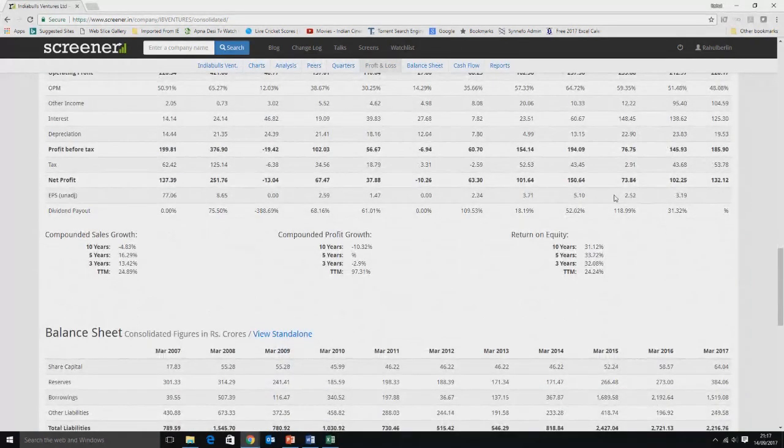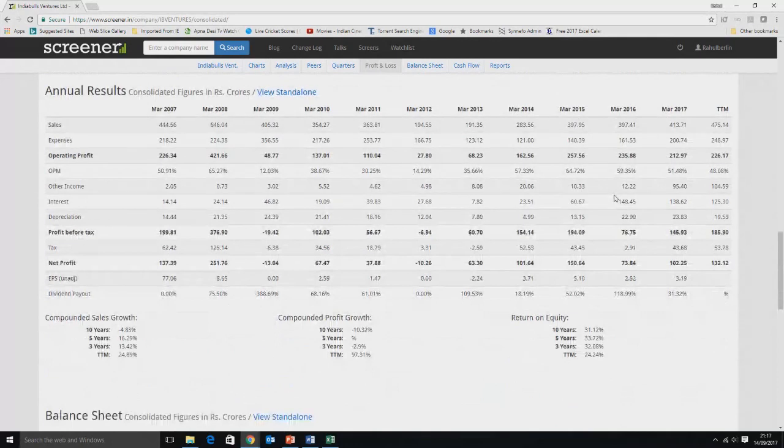So if I go back approximately 3 or 4 years, at how much rate is it actually growing? If we consider from March 2013 to March 2017, how much has it grown?